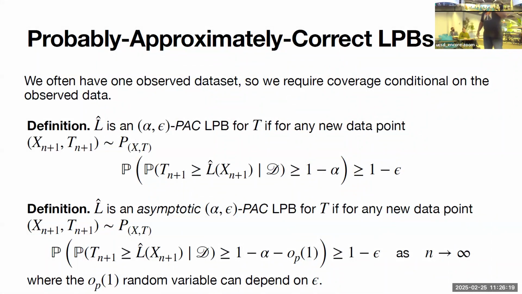Okay. Now, this may not be achievable in many settings, in which case one would have to revert to an asymptotic notion of alpha-epsilon PAC LPB. It's essentially the same consideration, with the exception that we recognize that we may not be able to attain 1 minus alpha exactly, and you allow for some slack, a slack of little o_P(1). Where does this come up?